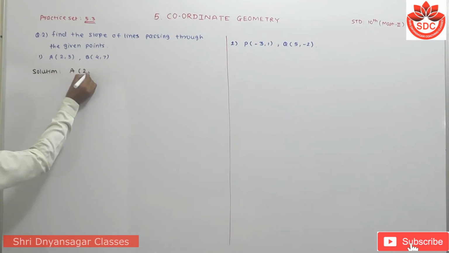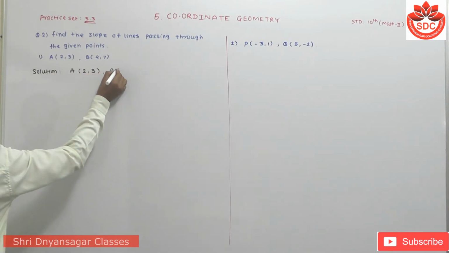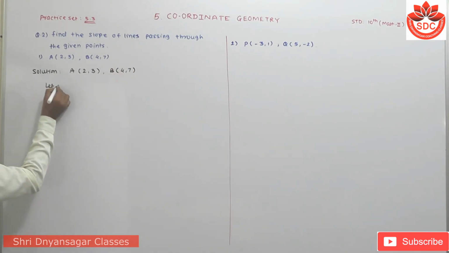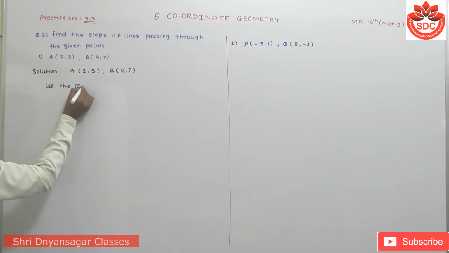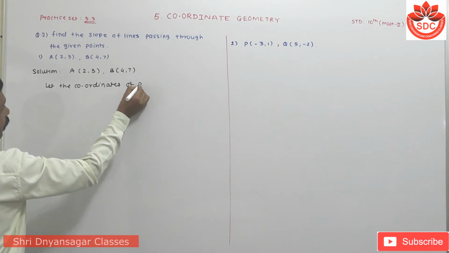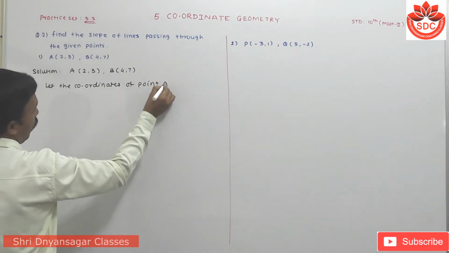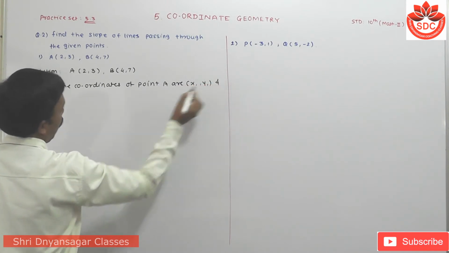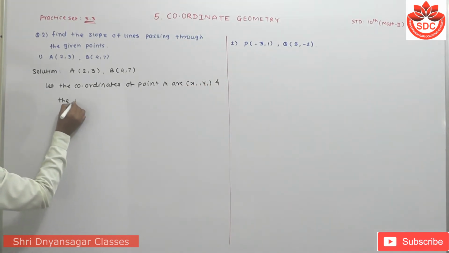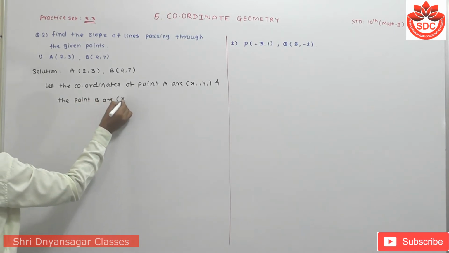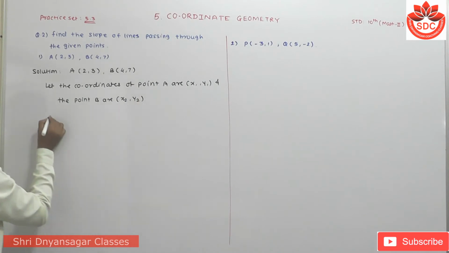A having coordinates 2 and 3 and B having coordinates 4 and 7. Let the coordinates of point A be x1, y1 and the coordinates of point B be x2, y2.